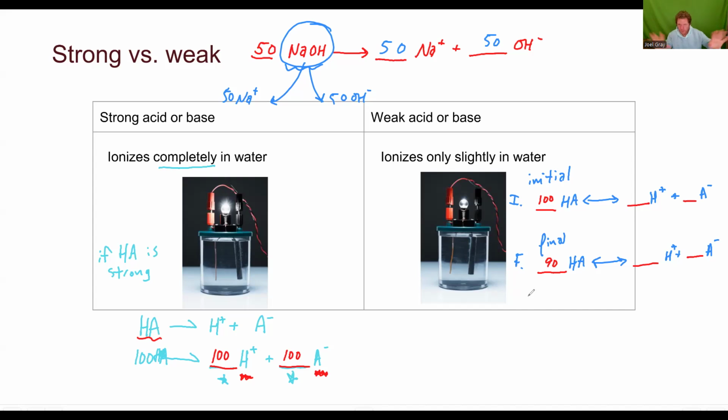Okay, so we've got 100 molecules of HA. This is a weak acid, and that weak acid is going to partially or slightly ionize, such that we're going to be left with 90 HA. My question for you is how many H plus and how many A minus?